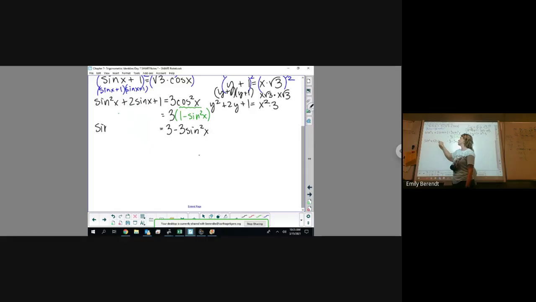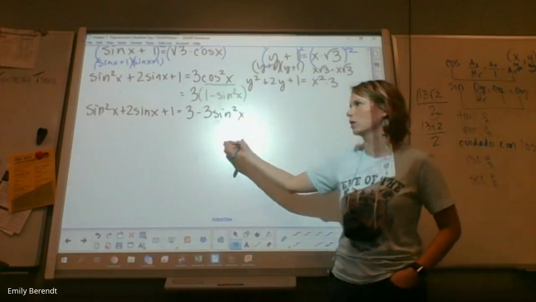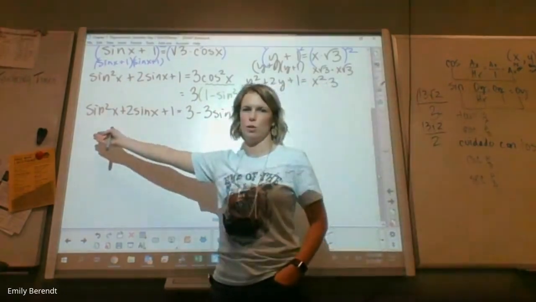Now, how many different trig words do you have? You just got 1. We need the equation to be equal to 0. So we're going to add the 3 sine squared over to the other side.